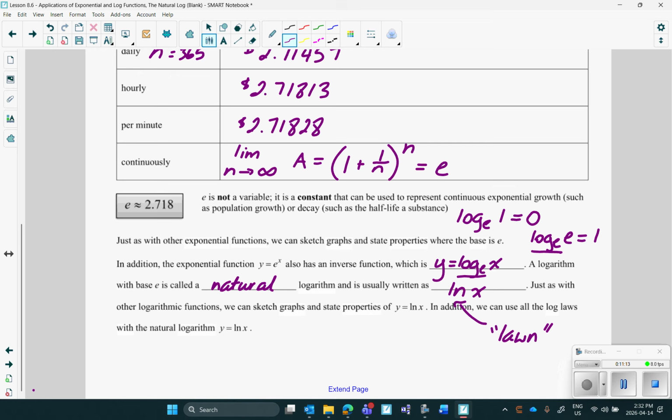So do this on your calculator now. Do ln of 1. You should get 0. Do ln e. You should be able to find the e character on your calculator. You should get 1. It should be somewhere on your calculator, just like the 5.